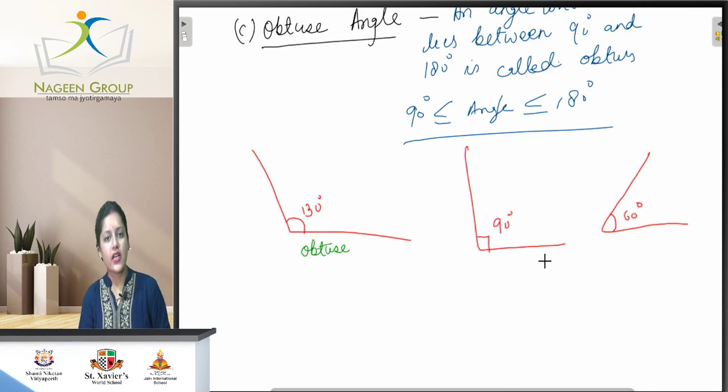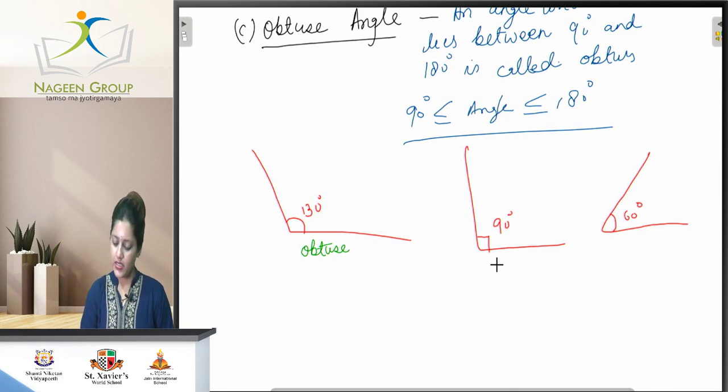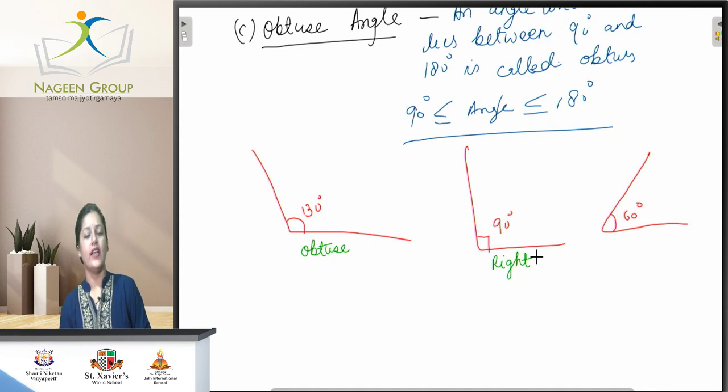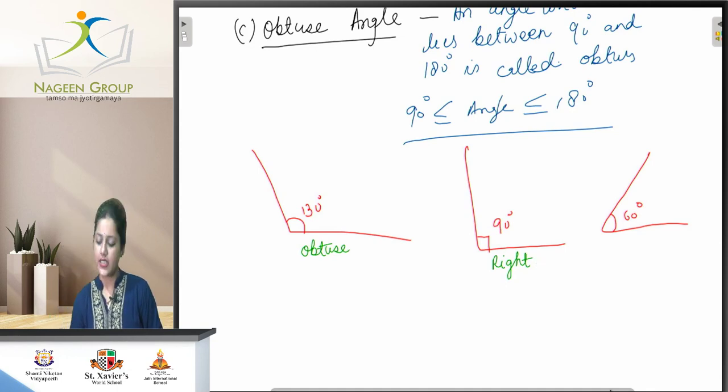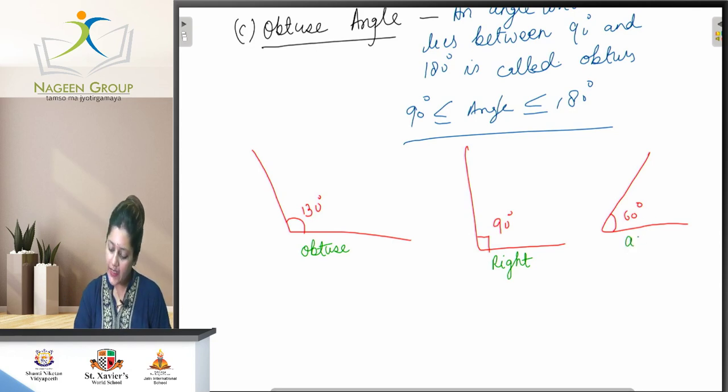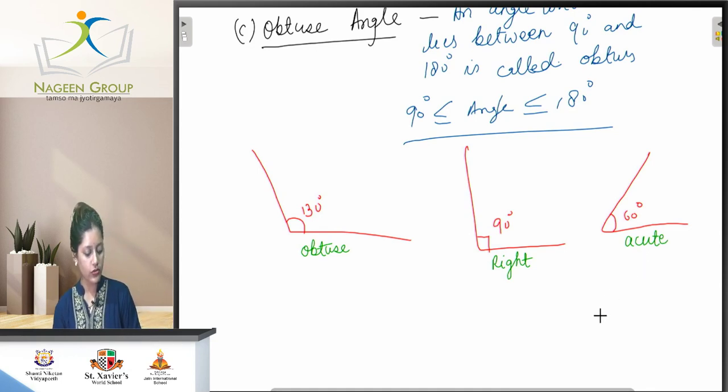While an angle equal to 90 degrees is a right angle. While an angle less than 90 degrees is known as an acute angle. I hope you understand what I am saying.